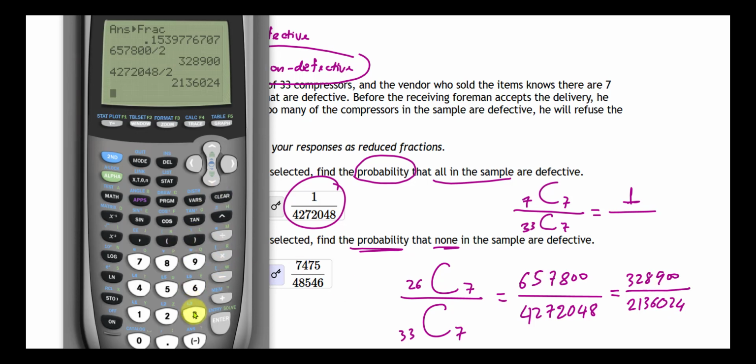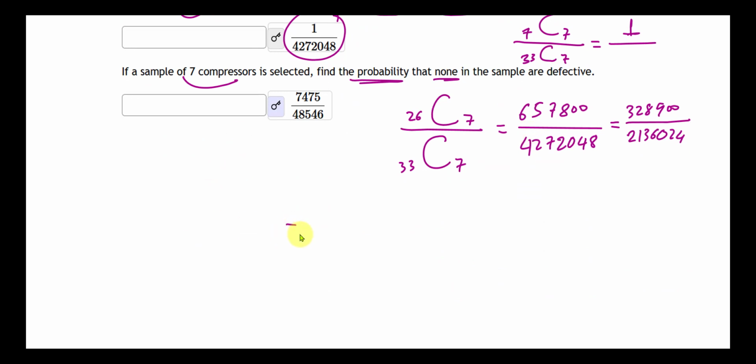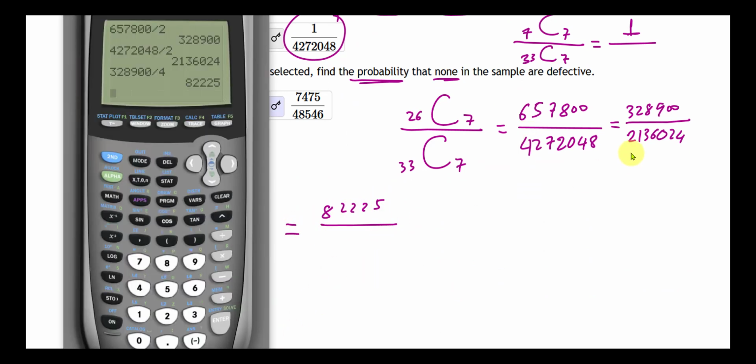So I can try to divide by 4. Maybe it will be faster. Dividing the top number by 4 gives me 82225. And then I also take the bottom number 2136024 and divide by 4.